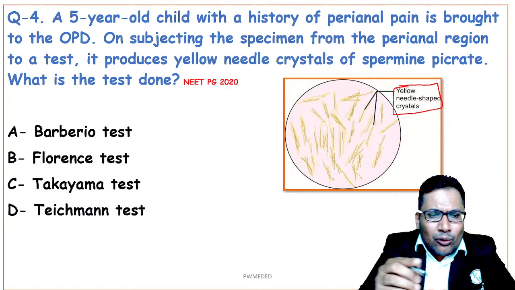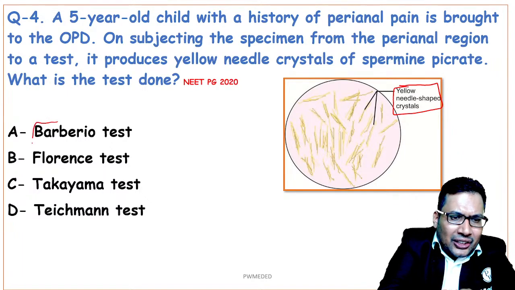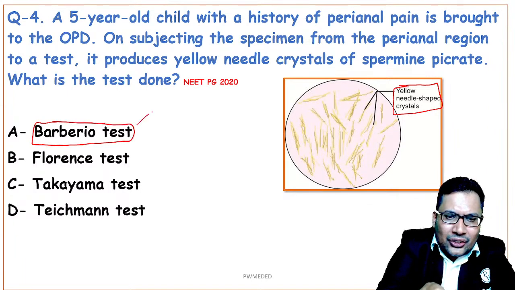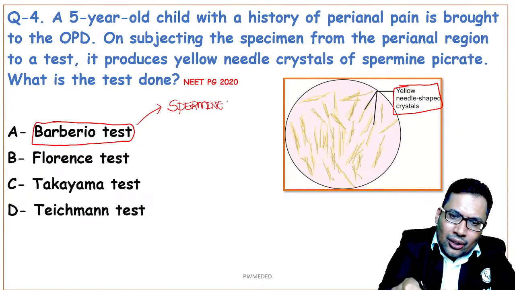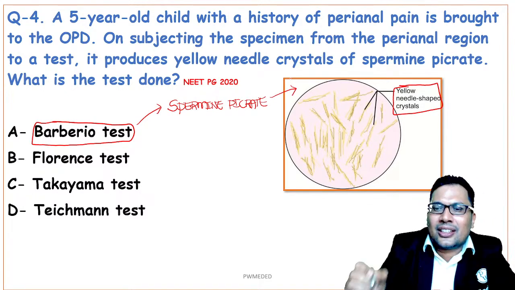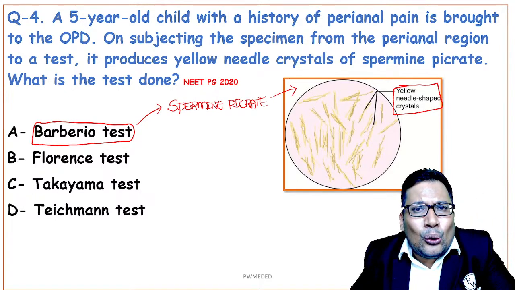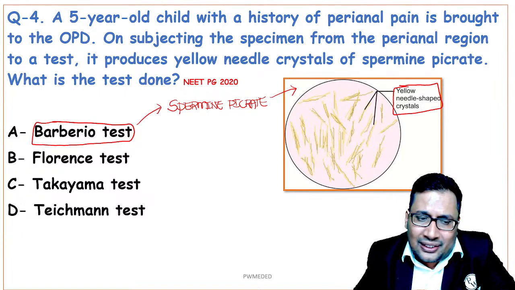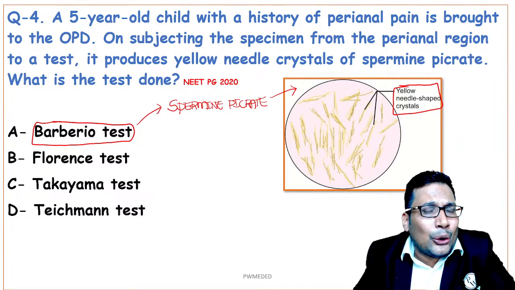So whenever yellow needle shaped crystals, your answer should be Barberio test. In Barberio test, there is a formation of spermine picrate crystals. These spermine picrate crystals are yellow and needle shaped. So that is Barberio test.